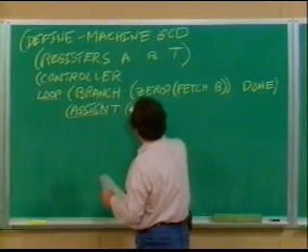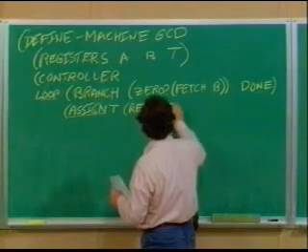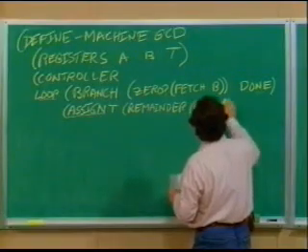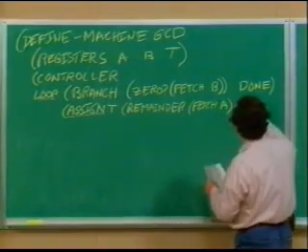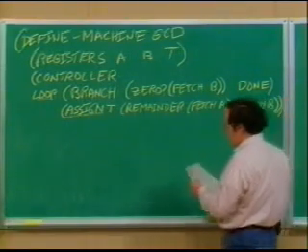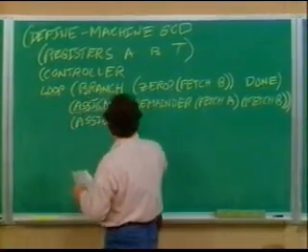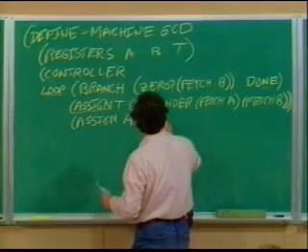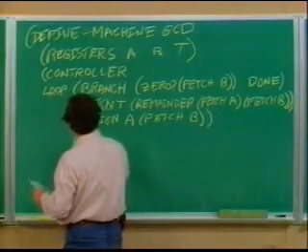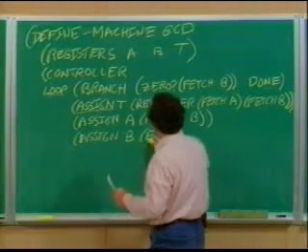Assign to T the remainder, and here's the representation of the operation, when we divide the fetch of A by the fetch of B. We're also going to assign to A the fetch of B, and assign to B the result of getting the contents of T.